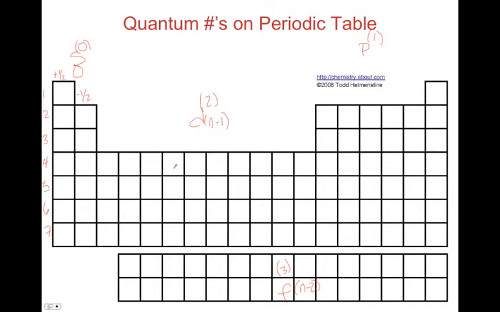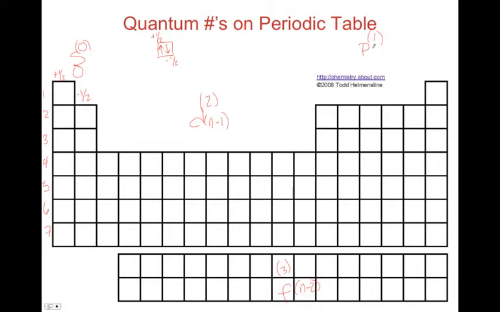Okay, so the first electron into a block, into a square. Remember how we do this box right here? The first one in, the first arrow, the first electron that goes in is always a positive half. The second electron that goes in, going down, is a negative half. And I think that will help a little bit. So we've got the 0 block, the 0 orbital, positive half, negative half.